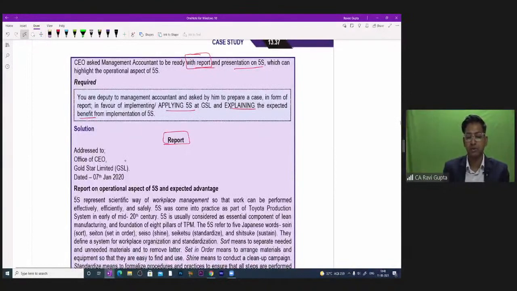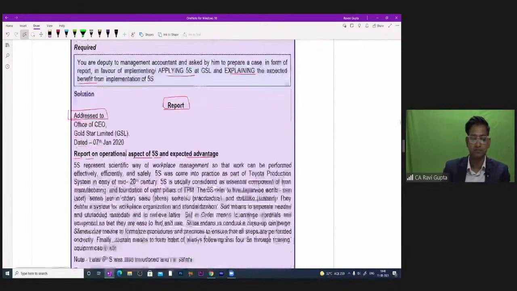You are a deputy to the management accountant and asked by him to prepare a case in the form of a report in favor of implementing and applying 5S at GSL and explaining the expected benefit from implementation of 5S. Addressed to Office of CEO, Gold Star Limited, GSL, dated 7th January 2020. Report on operational aspects of 5S and expected advantage.